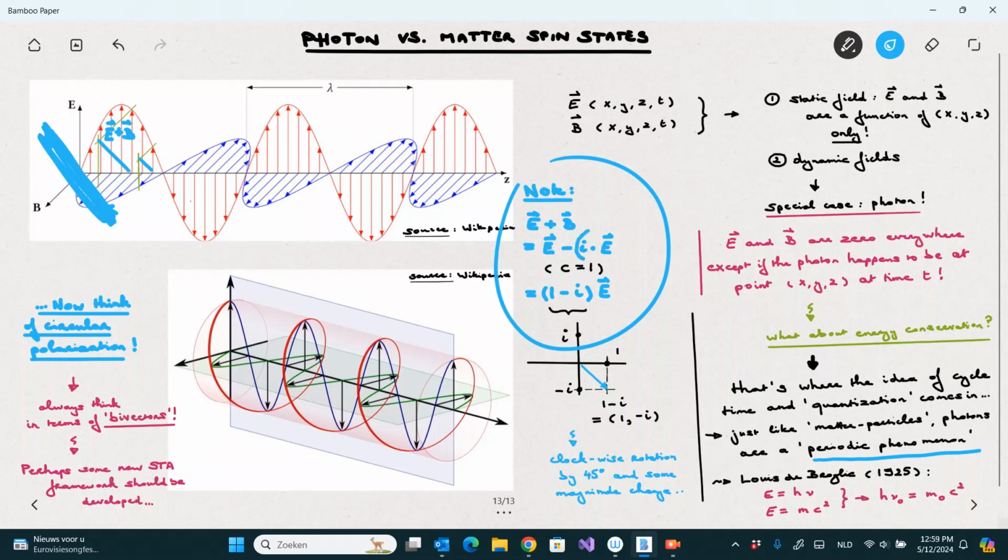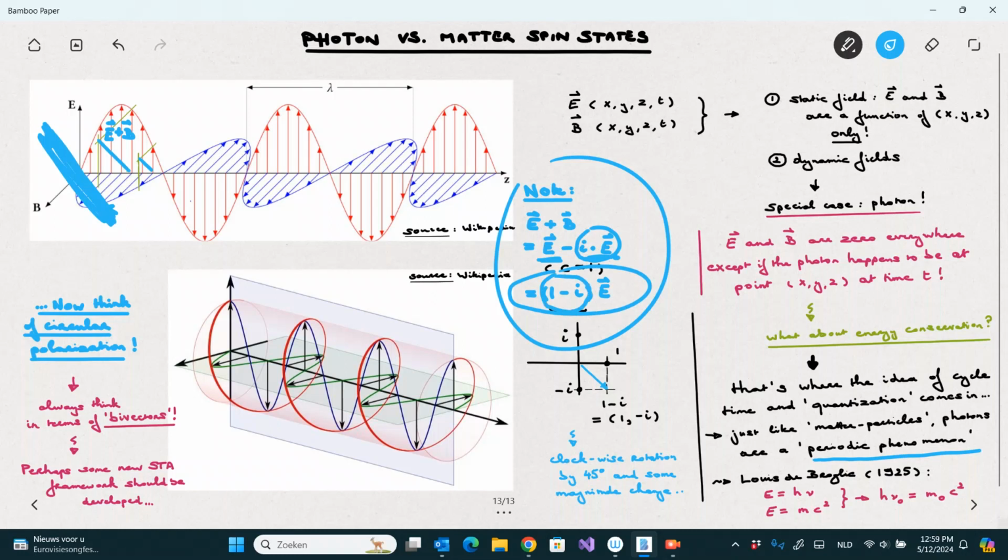It's just orthogonal, perpendicular to it, so we can write it as the imaginary unit times the electric field vector, and then we have an expression like this for this bivector: the electric field vector minus the imaginary unit times the field vector.